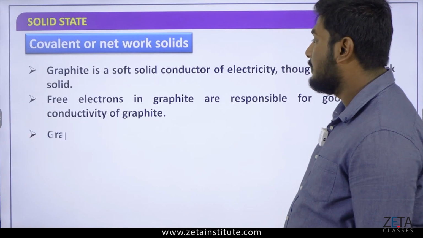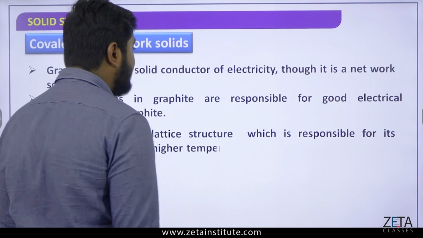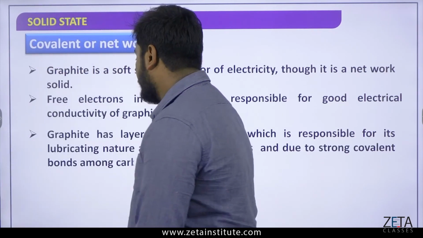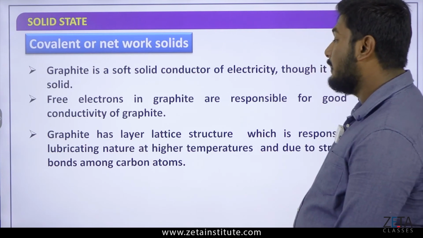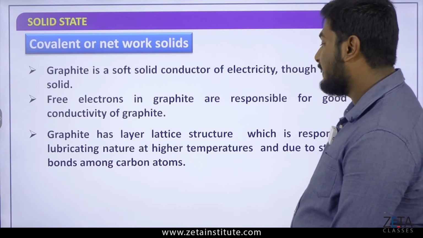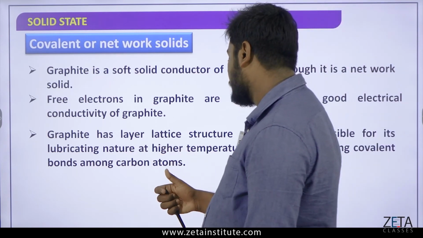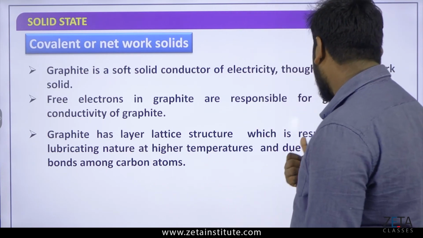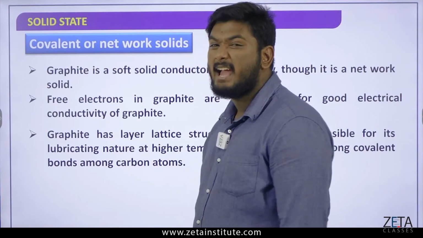Clear? And I already mentioned that graphite is a soft solid conductor of electricity through its network solid, and free electrons in graphite are responsible for good conductivity of graphite. Or we can say graphite has a layer lattice structure, which is responsible for its lubricating nature at higher temperature, due to the strong covalent bonds among carbon atoms. Clear? Graphite has a layered structure.